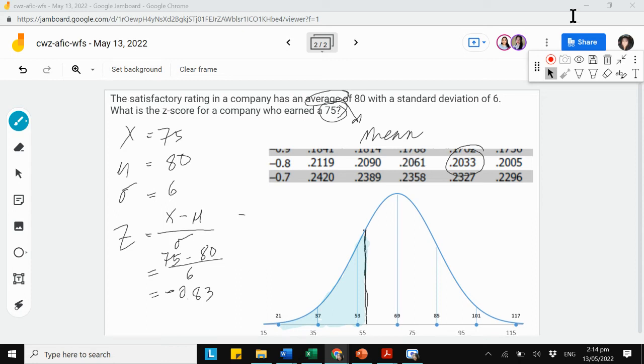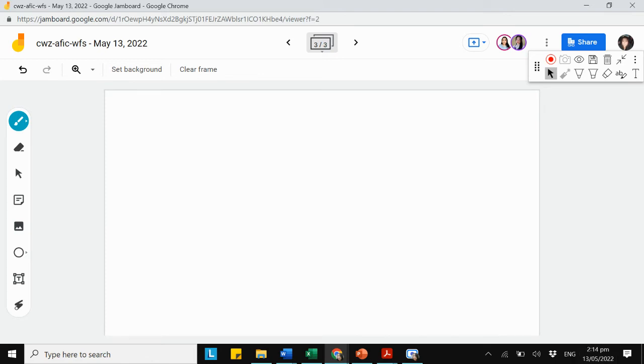Now, what about if you're dealing with area between two scores? Now, the reason I'm including this, kasi I have a question on your quiz wherein it's gonna be using two scores. Okay, so let's have this one.